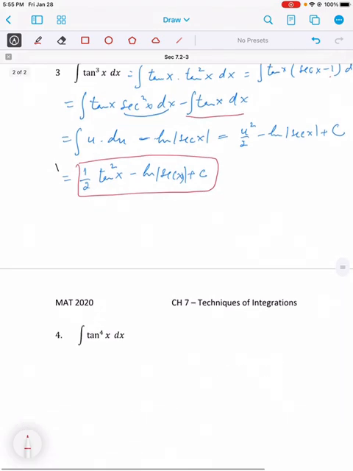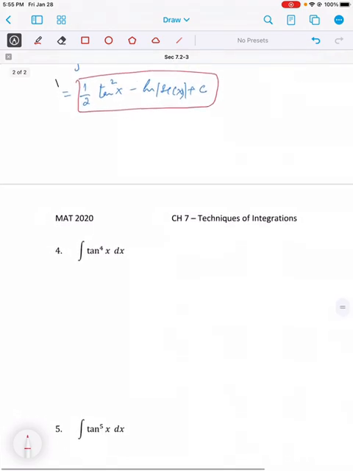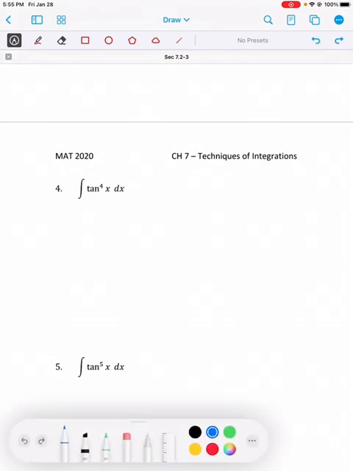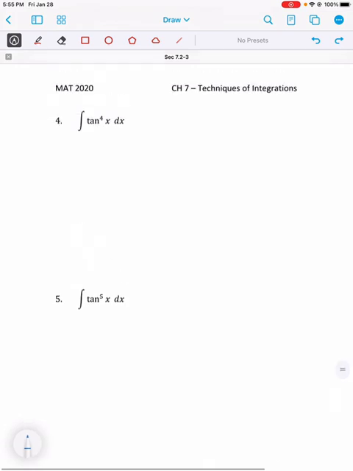Okay, so the next one is the integral of tangent to the 4x dx. Again, this is an even power. So whenever we have an even power, we use the same trick that we did before. We will separate the tangent square and then keep the other power on the tangent as it is.